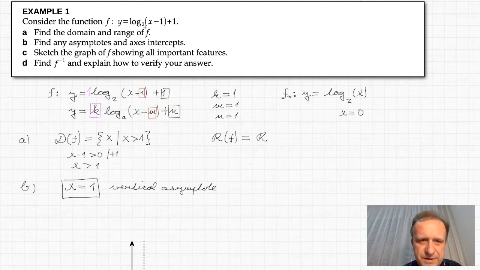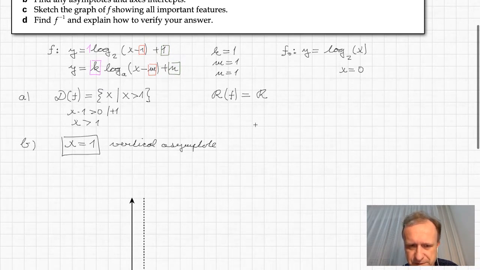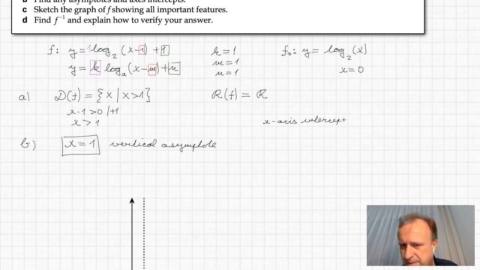As for the intercepts, you may imagine that this function is going to intercept either the x or the y-axis. So let us first try to think about the x-axis intercept. Okay, intercepts. So these are the points for which y equals 0.